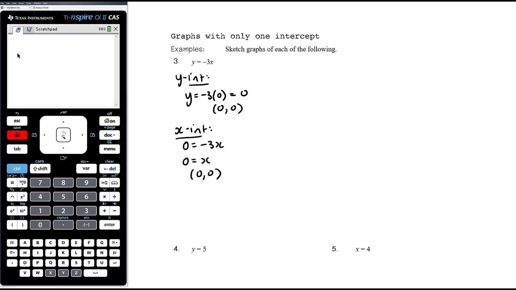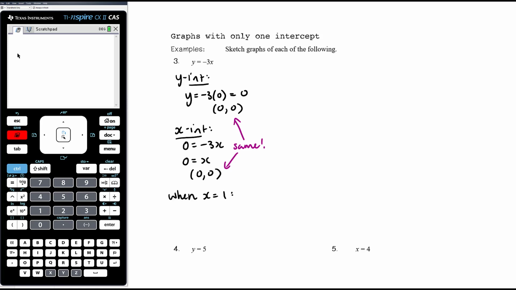So the problem that we get here is the x and y intercepts are the same. So we haven't got 2 points. And remember we talked about a graph always needs 2 points. Now you can find another point very easily simply by substituting in any value of your choosing. Okay? I often use x equals 1.